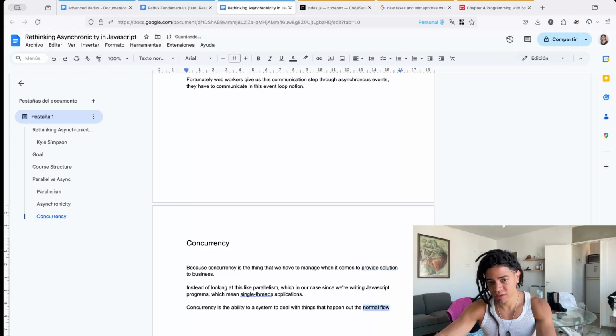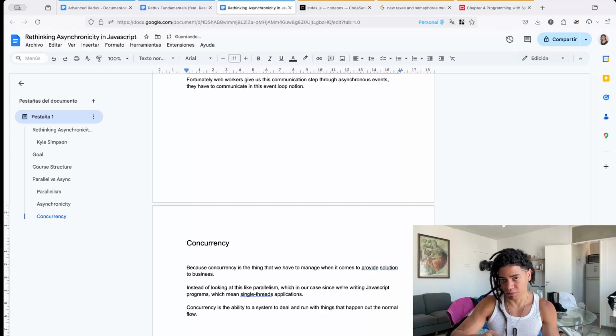Is to deal and run with things that happen out of the normal flow. So for example, I think this is concurrency.